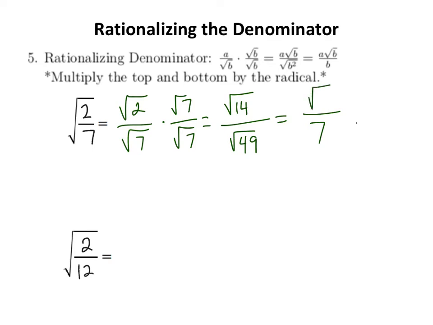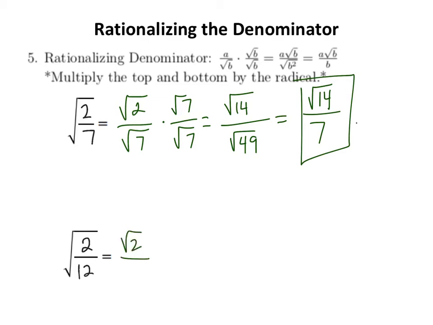So this becomes square root of 14 over 7. Can you simplify that numerator? Is 14 divisible by any perfect squares? No, only 1. I cannot divide it by 4, obviously cannot divide it by 9, so this is simplified.